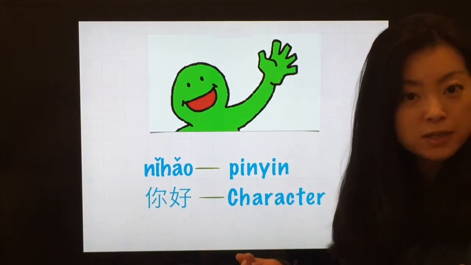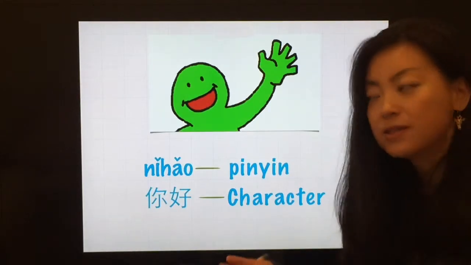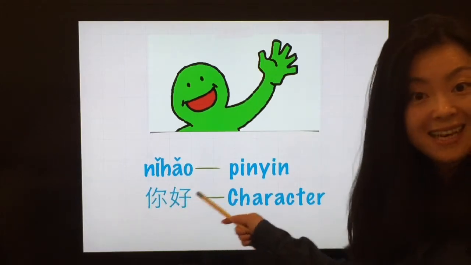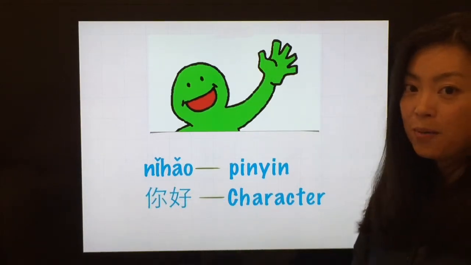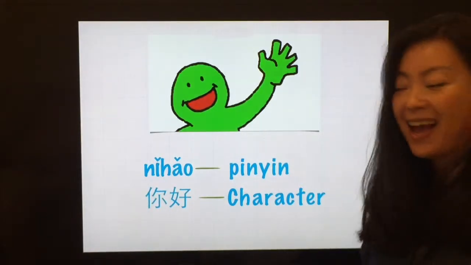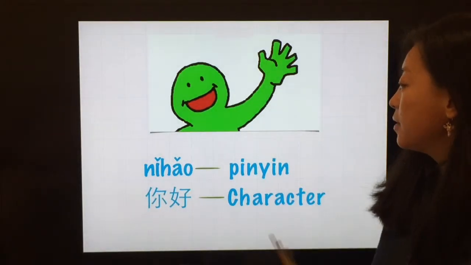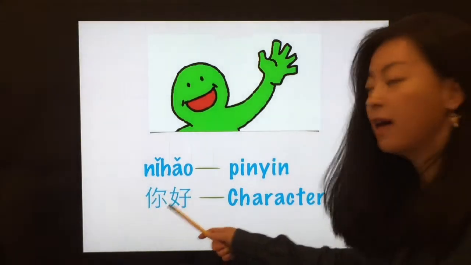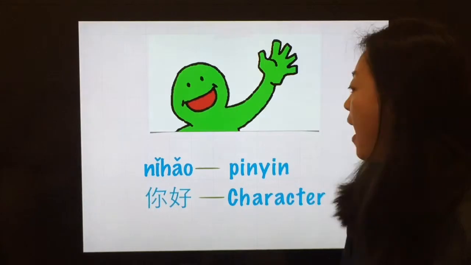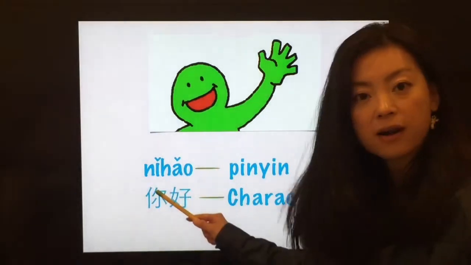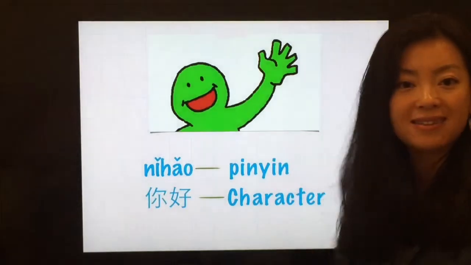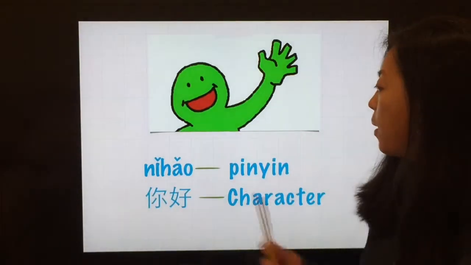First, let me give you some common sense about this language. See, this word is 你好. Do you know what it means? That means hello. You see this part is called a character, and this part is called pinyin.